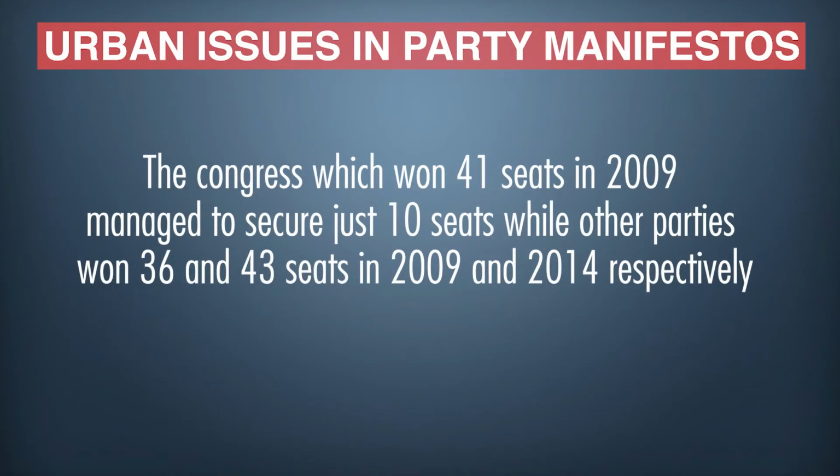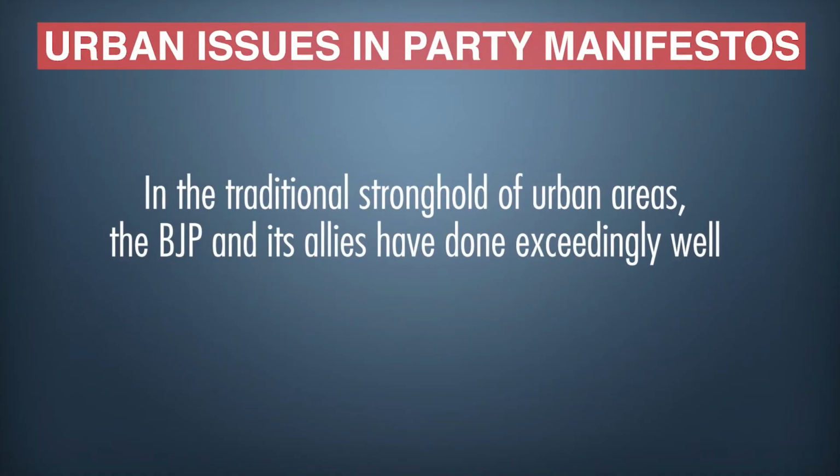This is a remarkable performance for the BJP in the urban areas. The Congress, which won 41 seats in 2009, managed to secure just 10 seats in 2014, while other parties won 36 and 43 seats respectively in 2009 and 2014 elections. In the traditional stronghold of urban areas, the BJP and its allies have done exceedingly well.